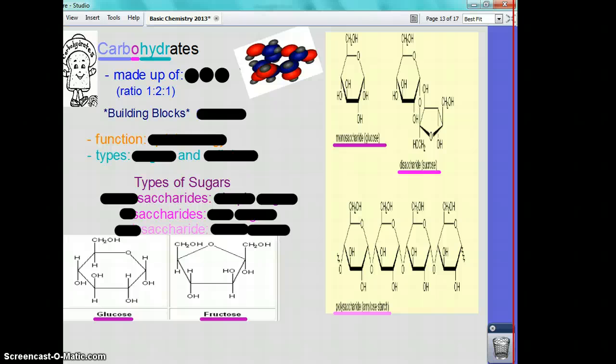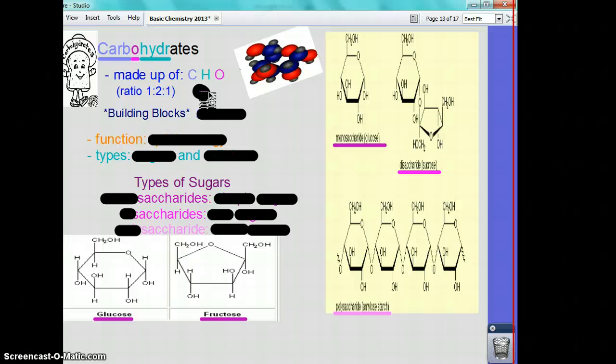Based on the carbohydrate wording, what is a carbohydrate made up of? Carbon, oxygen, hydrogen. Correct. I put CHO here because I'm going to keep it in the order of CHON PS or CHOMPS. Has anybody ever heard that before? Those are your elements of organic compounds. CHON PS or CHOMPS. So CHO.